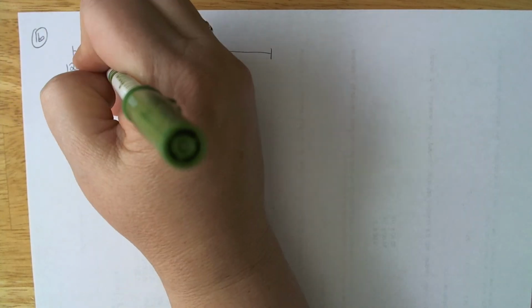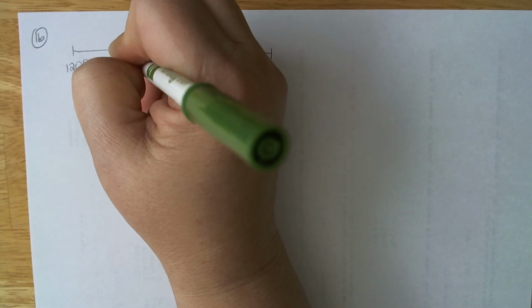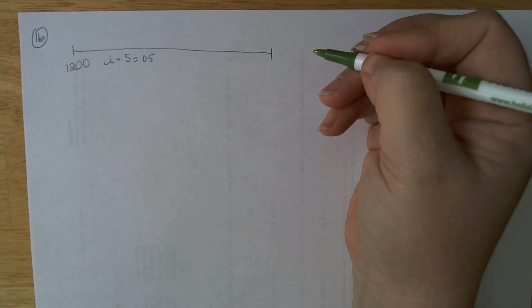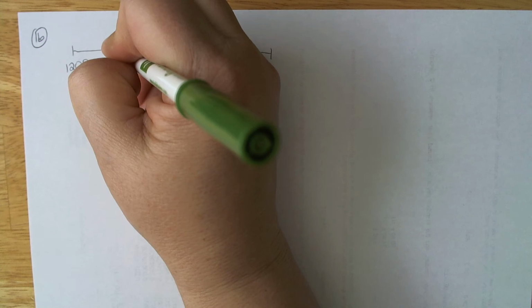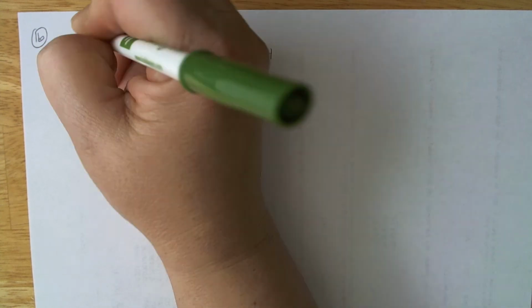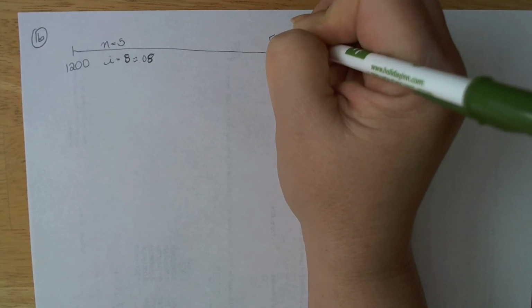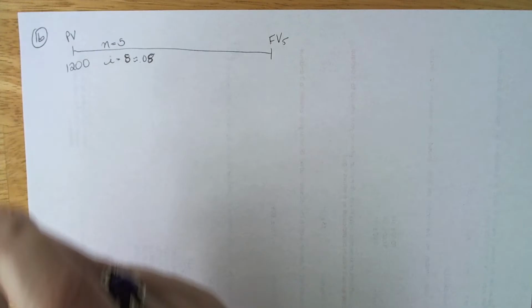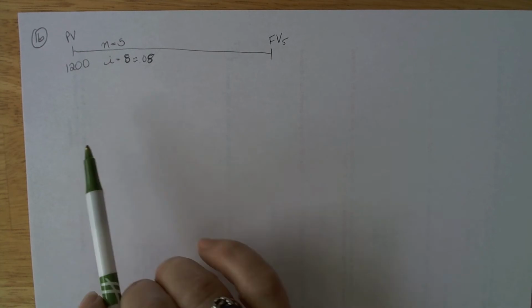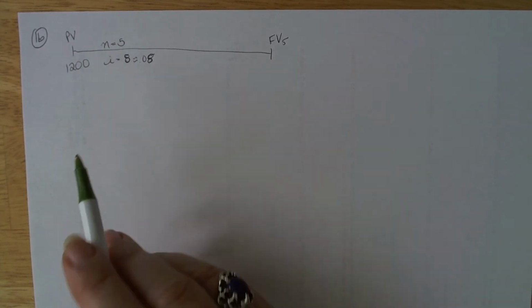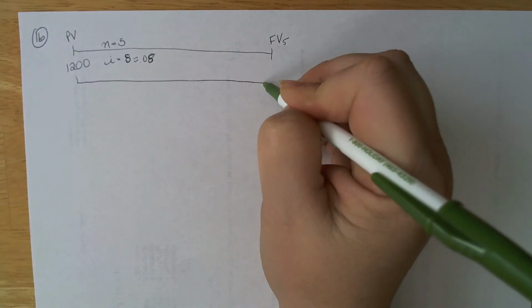We've got a $1,200 deposit. It's earning 5% interest. Oh, I'm sorry, 8% interest for 5 years. So the first thing it asks us to do is calculate the future value. And we've done that a million times.